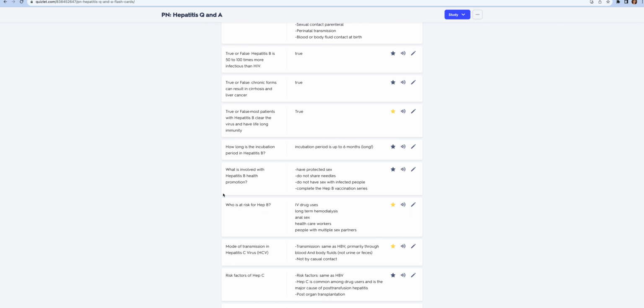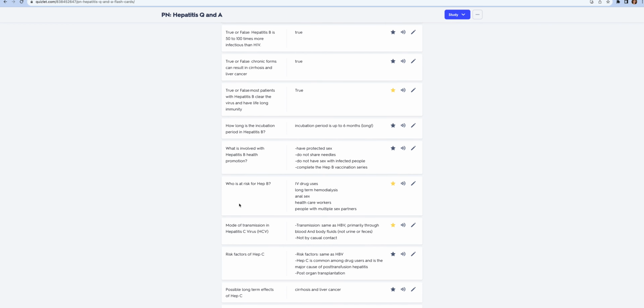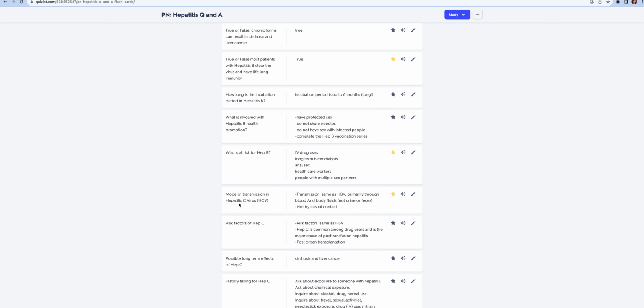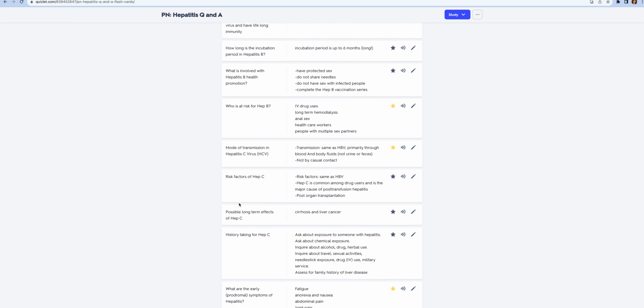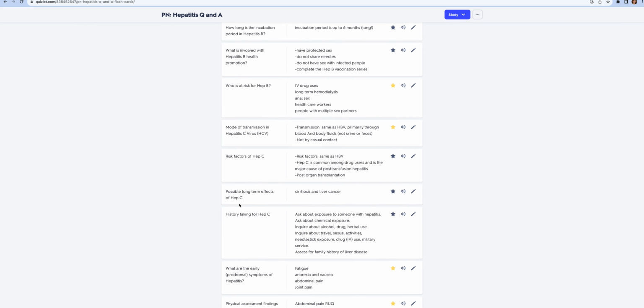So who's at risk? IV drug users, college students, people with multiple sex partners, sex workers. Mode of transmission in Hep C is basically the same as Hep B. Okay, so you can kind of put them into the same category. Hep B and C can turn into cirrhosis and liver cancer.